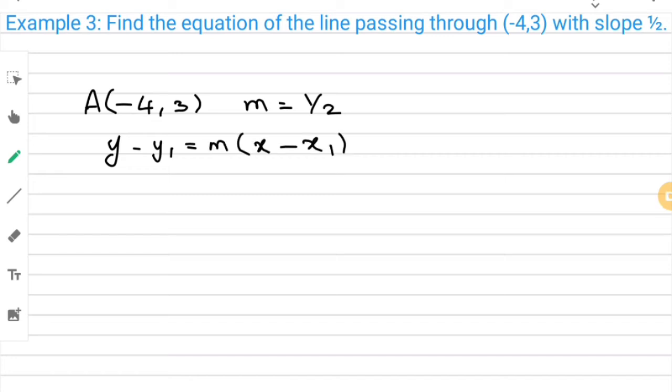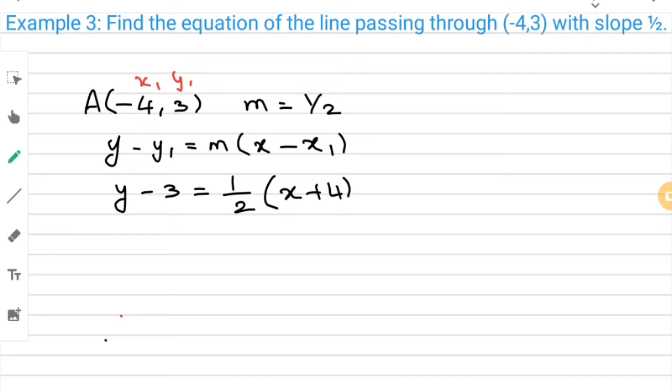Now I am going to take this point as x1, y1. So now substitute it. What will happen? y minus y1, which is 3. So y minus 3 is equal to m, which is 1 by 2, 1 by 2 of x minus x1. x1 is minus 4. So minus into minus will become plus.